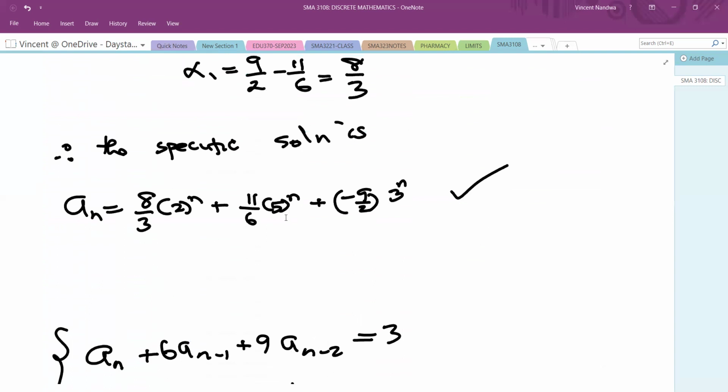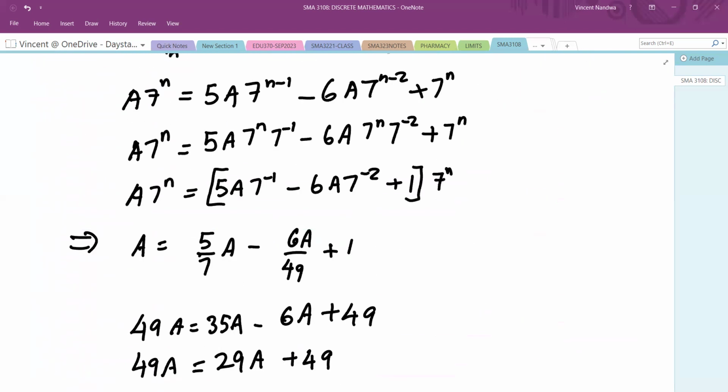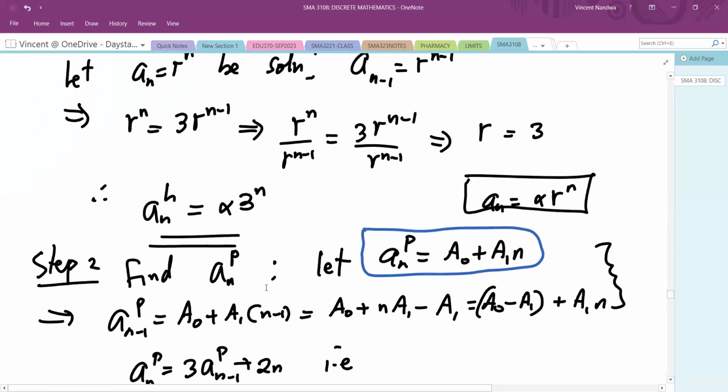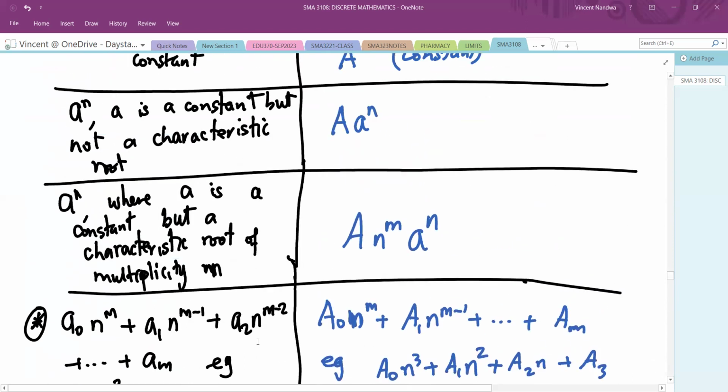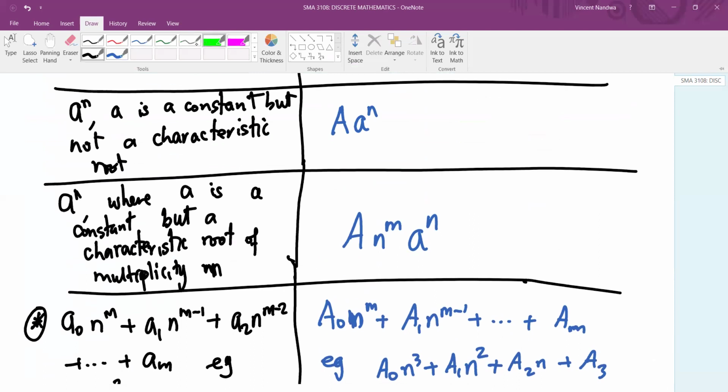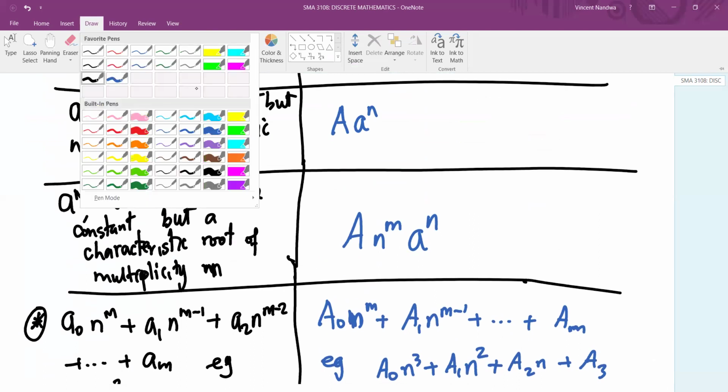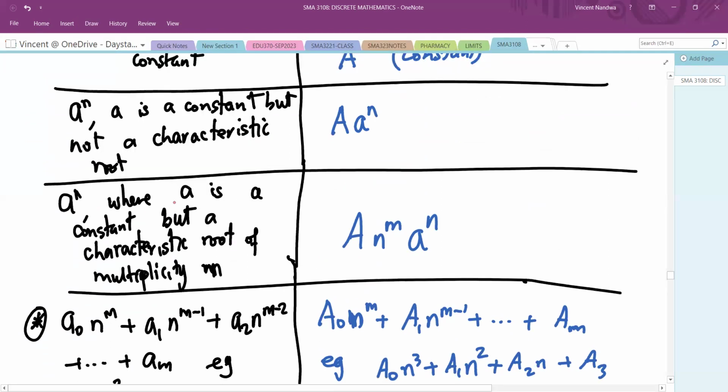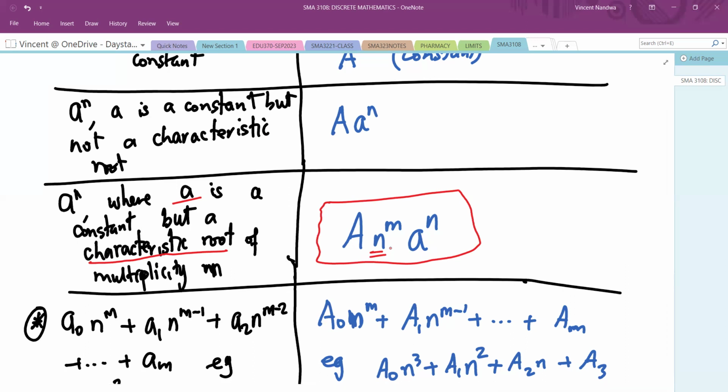If you remember the definition we gave in this table, when you are writing the general structures of the particular solution, we say that when a power n is your f of n, and this a is part of the characteristic roots, then the solution you pick as your particular solution must include an n raised to power m, the multiplicity of that root a, to ensure that the particular solution is linearly independent with respect to the homogeneous solution.